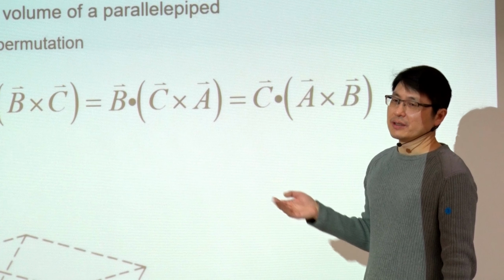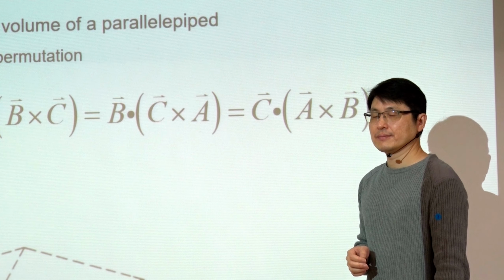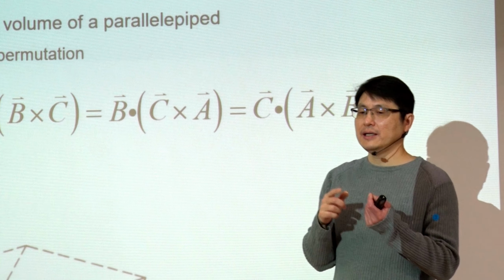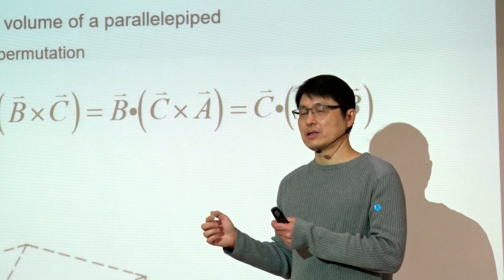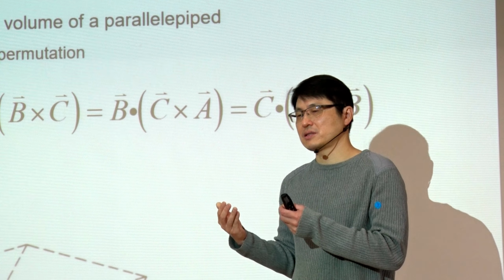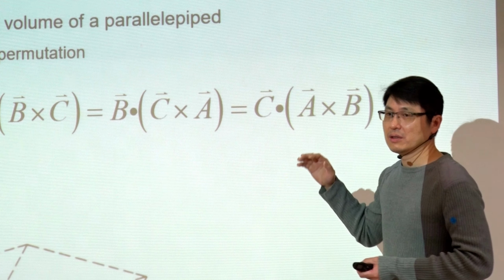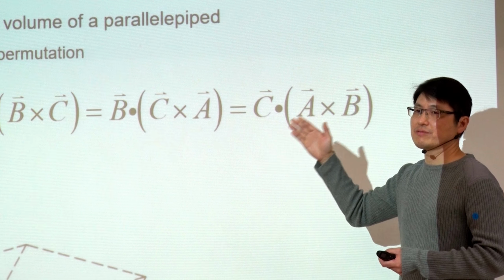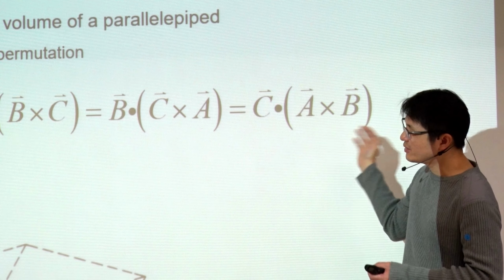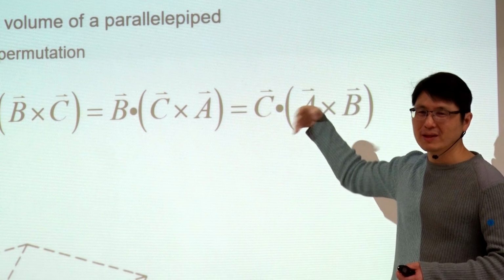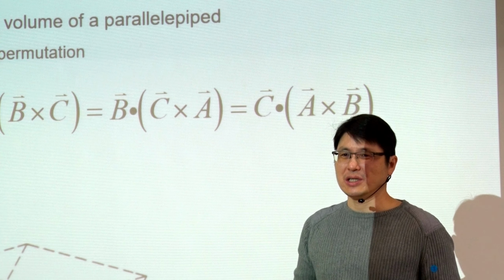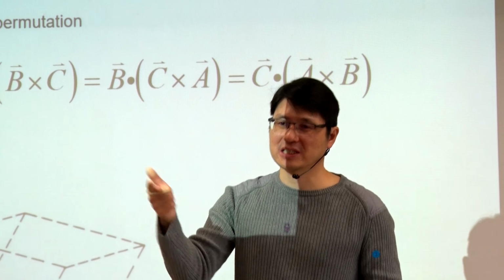So what's the physical meaning? A dot B cross C or B dot C cross A, whatever, you have three choices. You have three different vectors, A, B, C, and somehow you want to perform multiplication and arrive at a scalar.